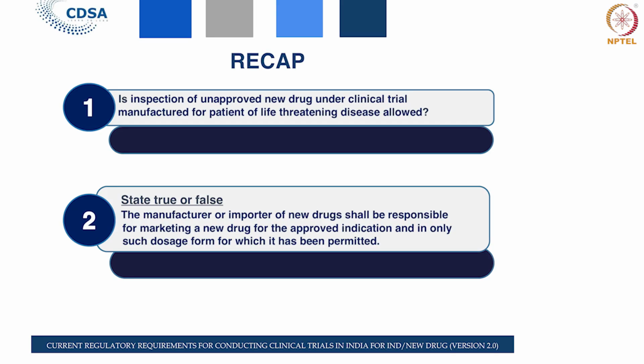So, let us do a recapitulation of this chapter, chapter 10 and chapter 11. Is inspection of unapproved new drug under clinical trial, manufactured for patients with a life-threatening disease, allowed? What do you think? Yes, you are correct probably.